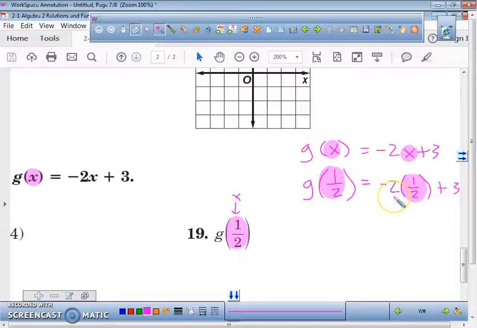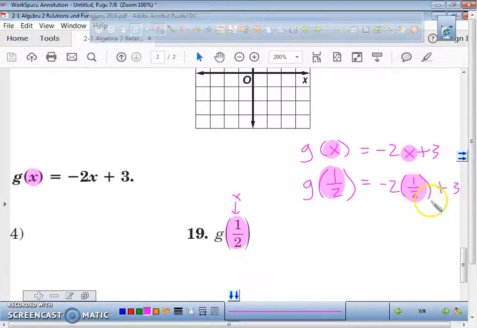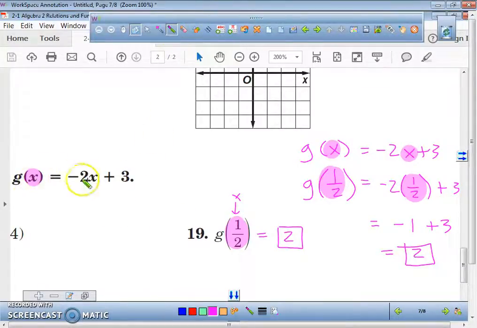And what's negative 2 times a half? Negative 1. And what is negative 1 plus 3? 2. And 2 is the correct answer for g of a half. G of a half is a 2 in this particular case, if we use this equation. Just remember, when it says g of x, whatever you're plugging in goes right there.